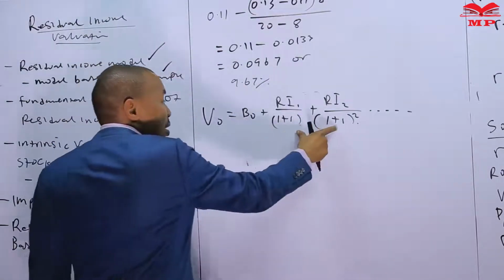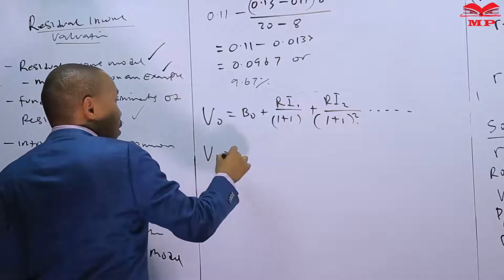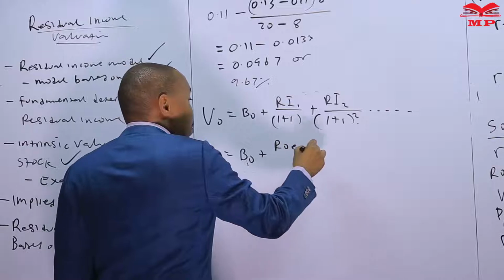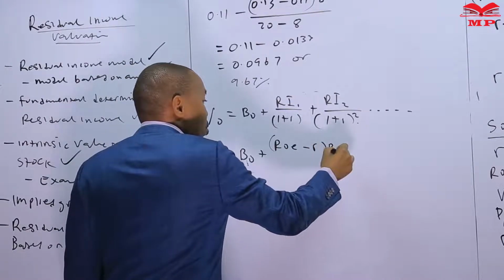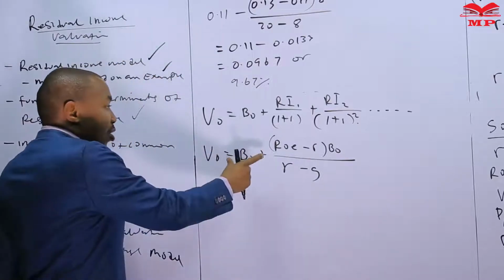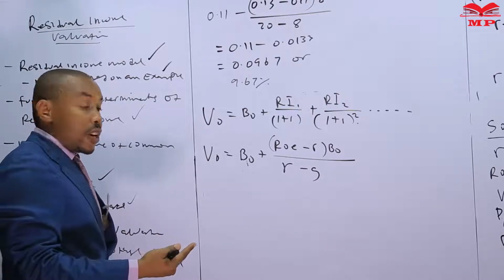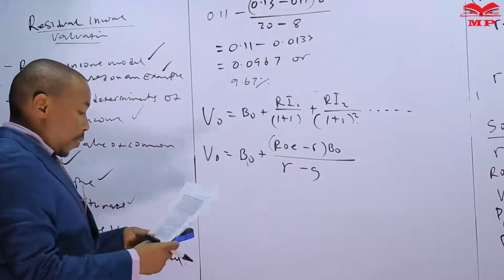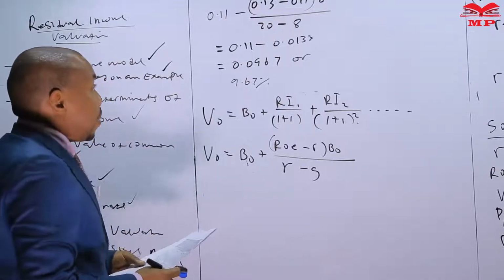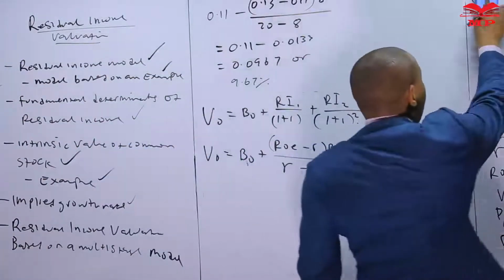Beginning book value, present value of expected future residual income, which narrows down now to V naught equals B naught plus ROE minus R times B naught over R minus G. So we will be trying to identify the corresponding residual incomes so that we can get the value of a security. Let's look at an example that can apply and calculate the residual income with the multi-stage model.